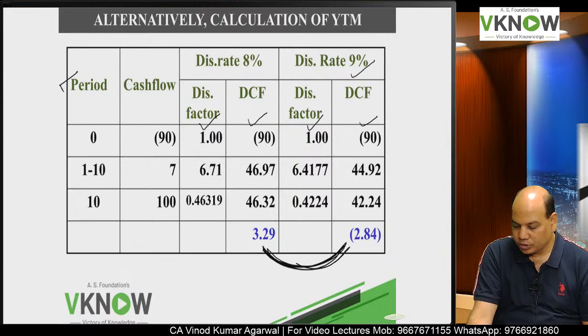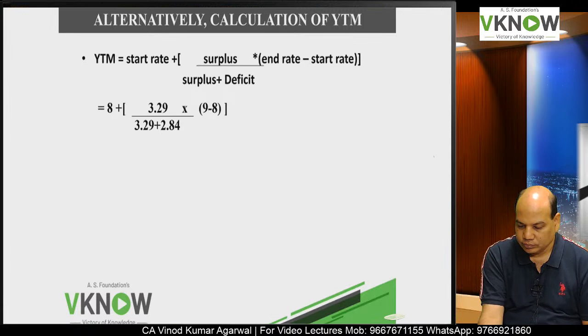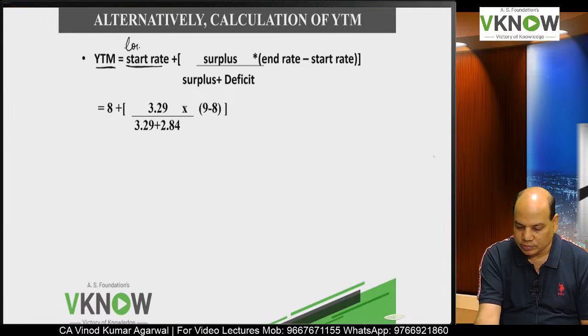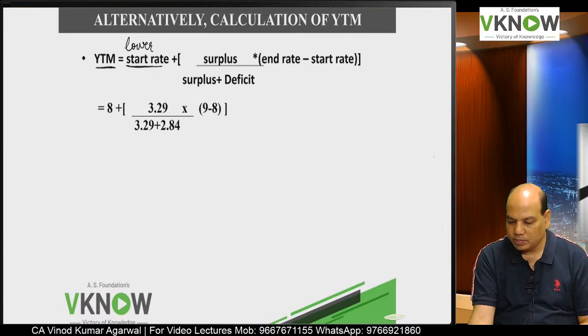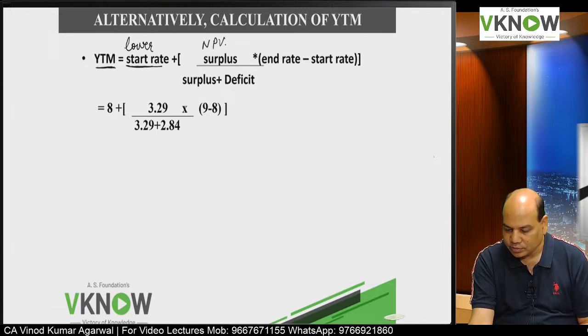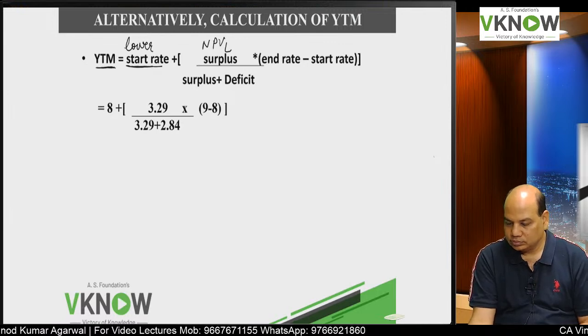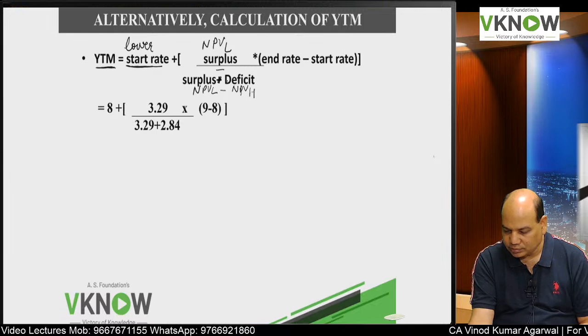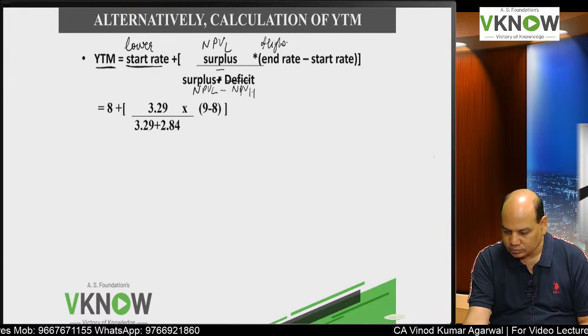So write down the formula of IRR. IRR or YTM is equal to start rate, means lower rate, plus NPV at lower rate upon NPV at lower rate minus NPV at higher rate, into higher rate minus lower rate.